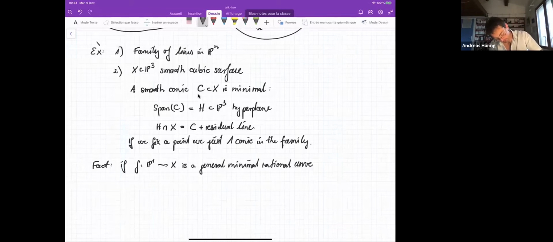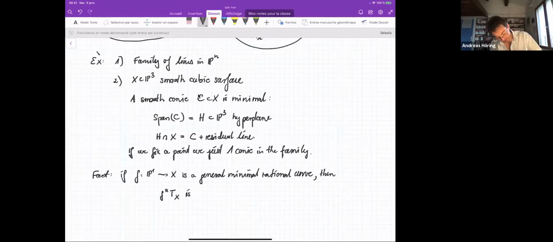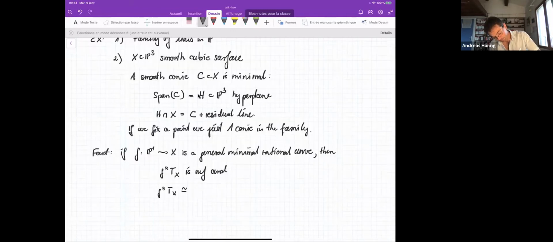If I restrict the tangent bundle to my rational curve, it's nef. And actually, we know a bit more. We know exactly the splitting type of T_X. So you have O(1), O(2), then a number of copies of O(1), and then some trivial part.